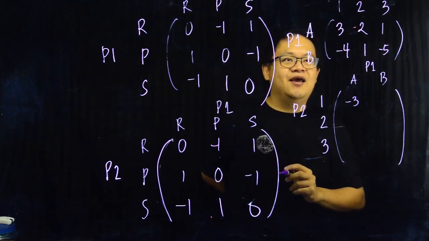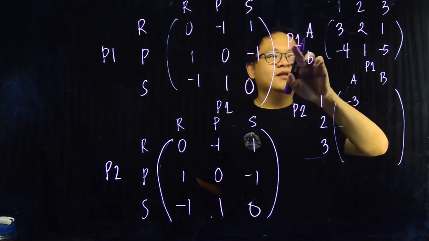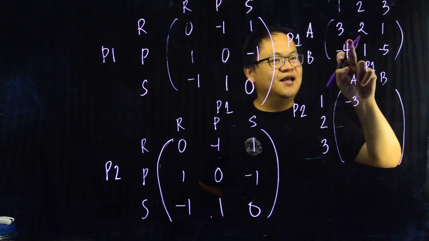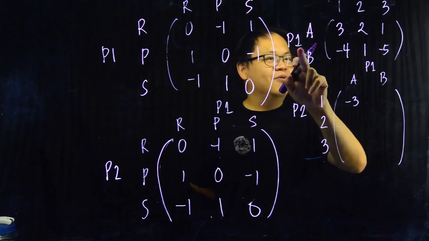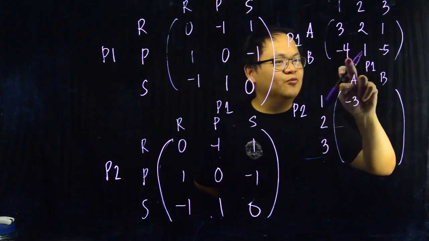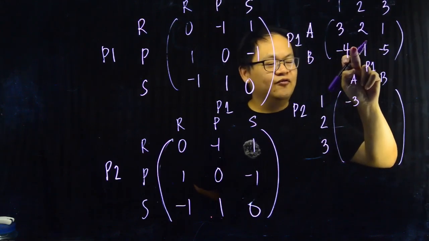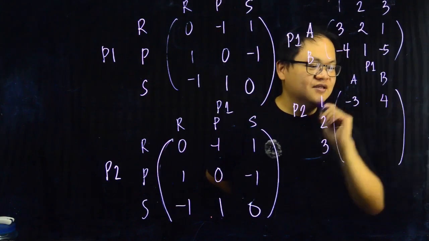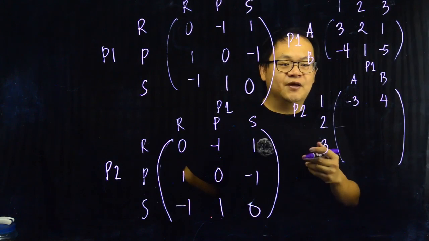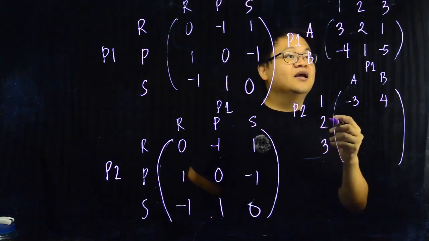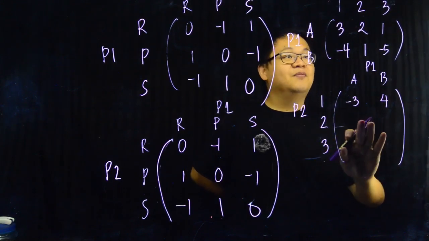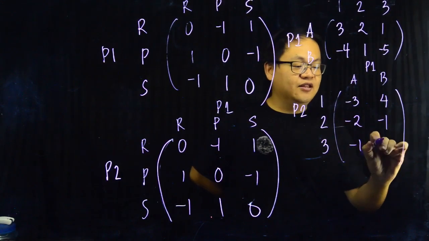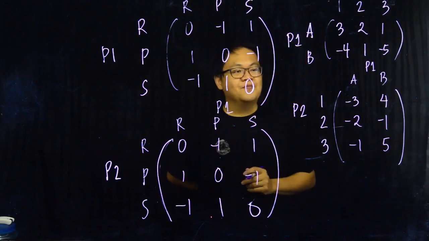In the same way, this 1 and B is actually this, but from the point of view of player 1, player 1 will lose 4. Therefore, if we convert it to the point of view of player 2, then player 2 wins 4 because of the zero-sum assumption. And if we quickly fill up this table, then this is -2, -1, -1, and 5.